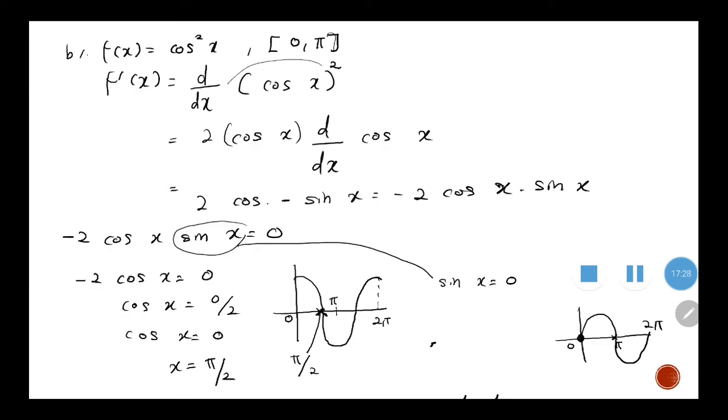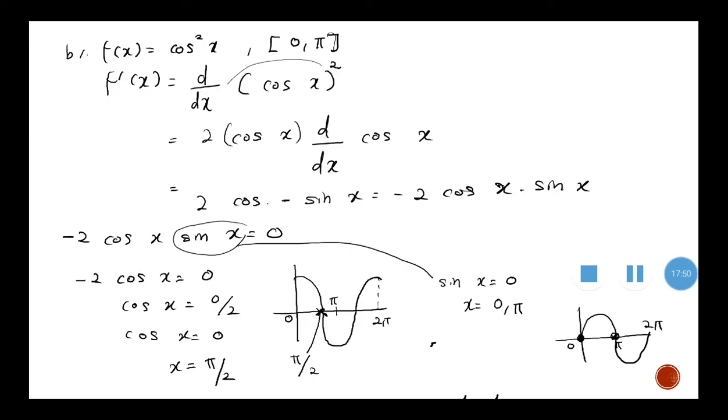It is here and here. So when x equals 0 and pi, sine x becomes 0. Okay? So I hope that settles the first part.